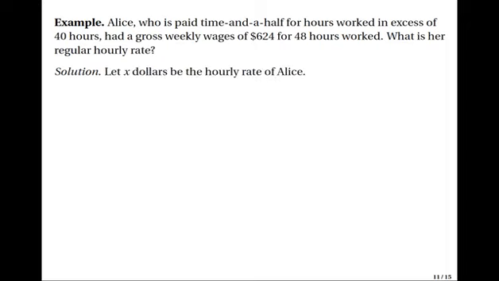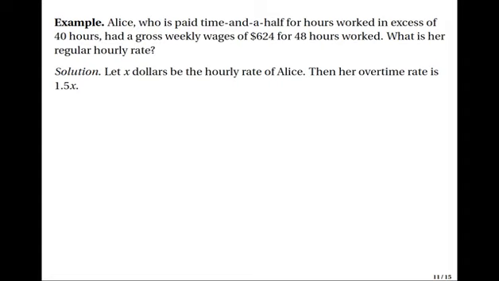So let's start. Let x dollars be the hourly rate of Alice. We want the regular hourly rate, so we assign a variable to this regular hourly rate. Let x be the hourly rate of Alice. Then her overtime rate is 1.5x.